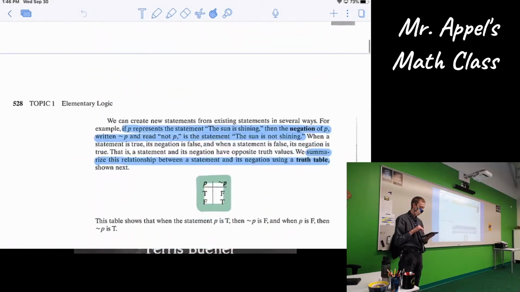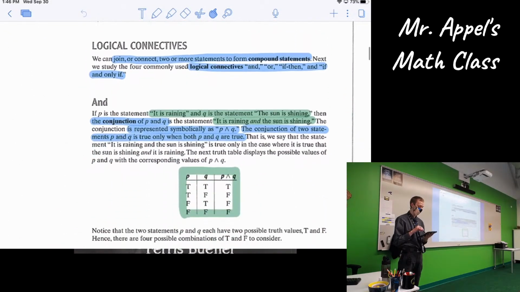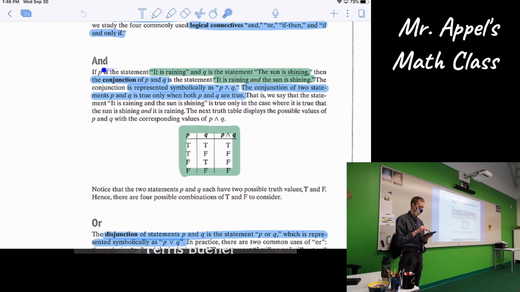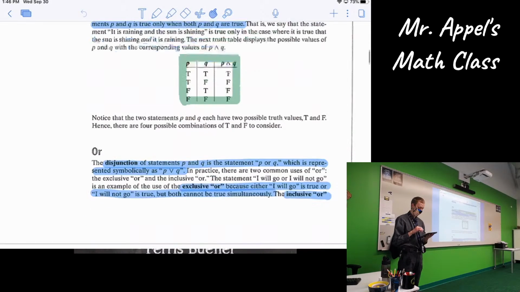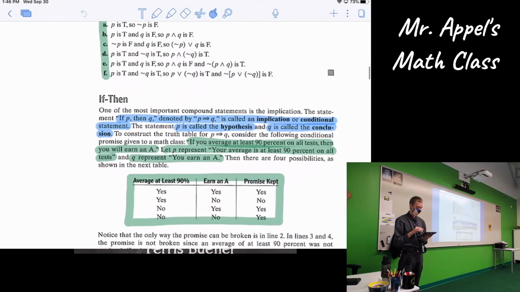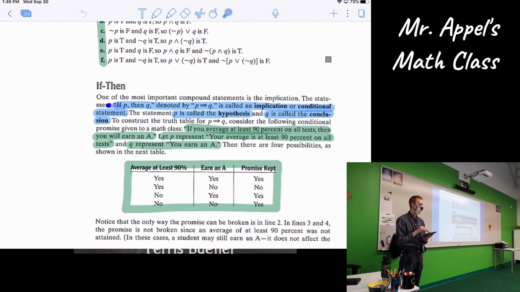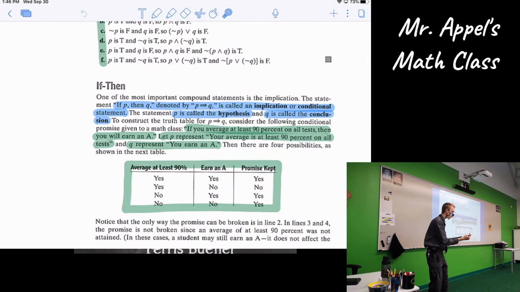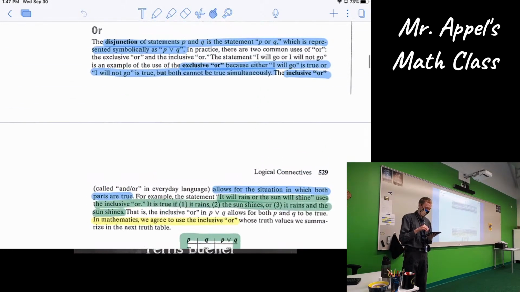You can put two or more statements together. You can connect them with and. You can connect them with or. And after that, it said you can do an if-then and make it conditional. We've been talking all about conditionals so far: modus ponens, modus tollens, law of syllogism, law of contrapositive, all that applies to conditionals. So now I'm going to take a day to go back and ask, what about ands and ors?